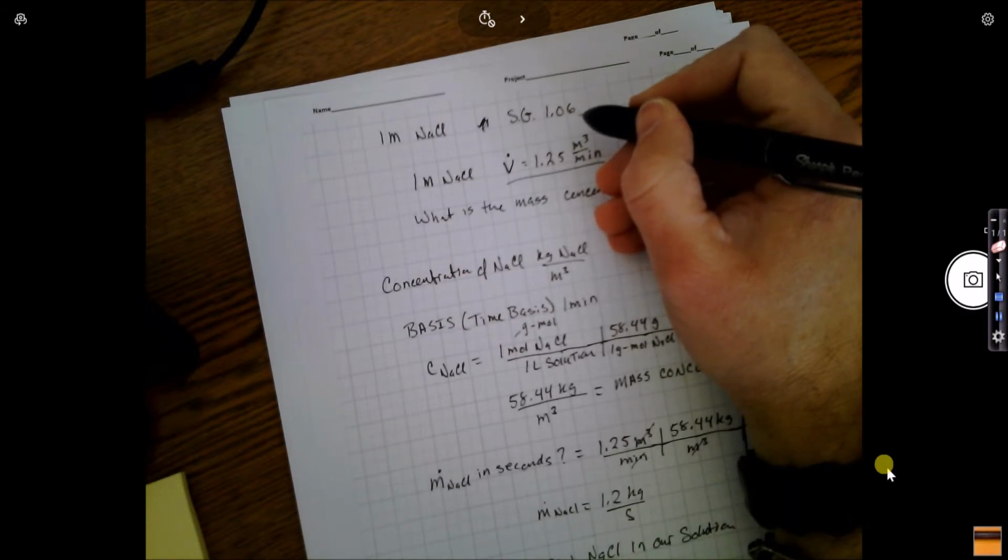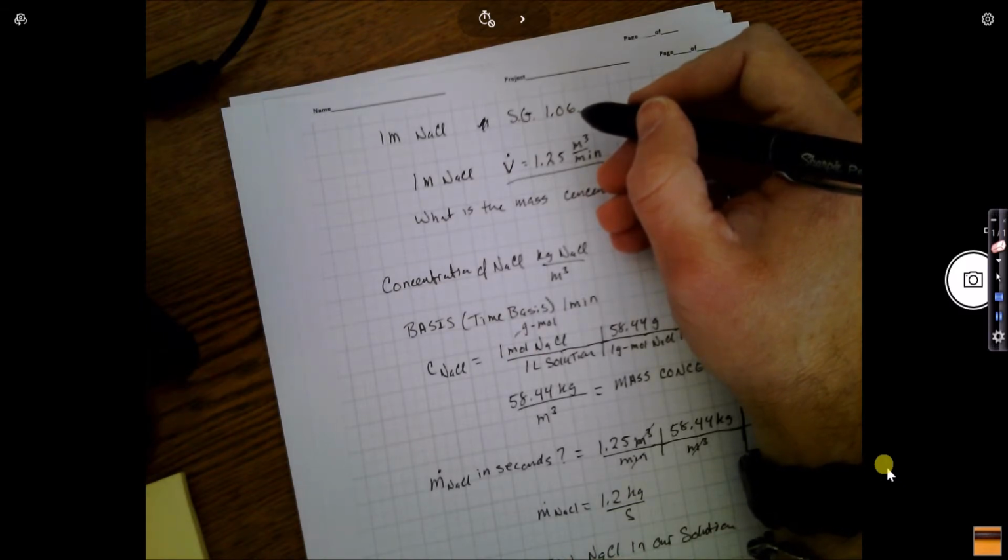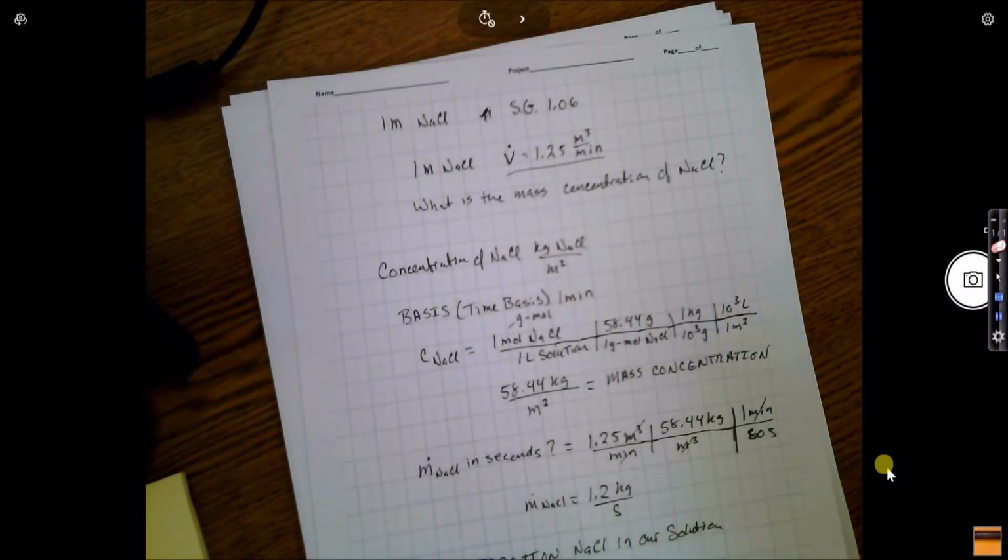If you remember from the activity we did in class, you get your density by multiplying the specific gravity times the density of a reference, and the reference is generally water. In this case, water is 1,000 kilograms per meters cubed.